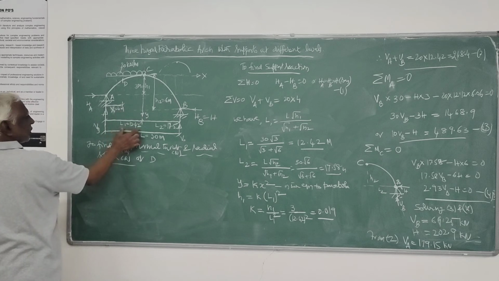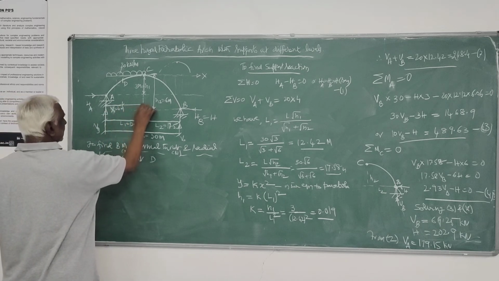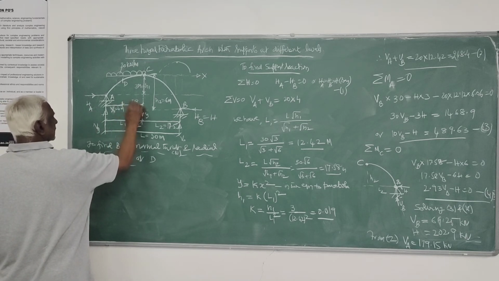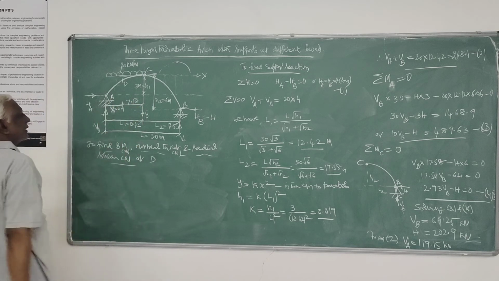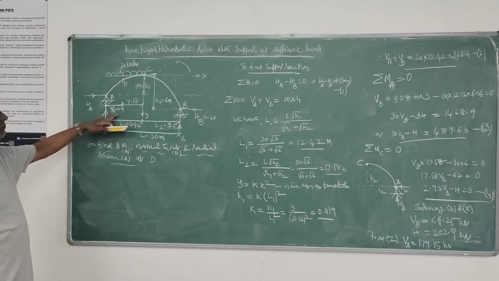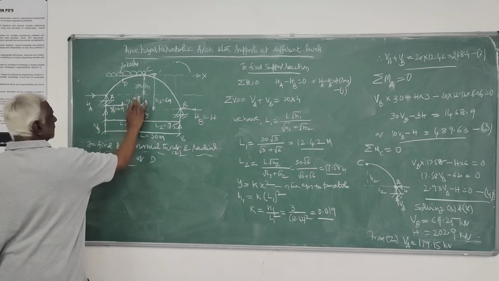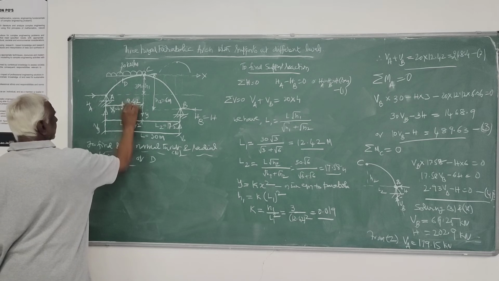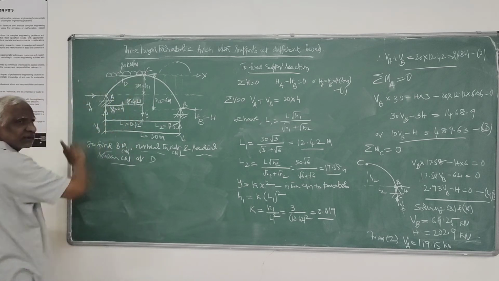This distance is 12.42 minus 4, so you can work it out: 8.42 meters. Because I am using this equation.